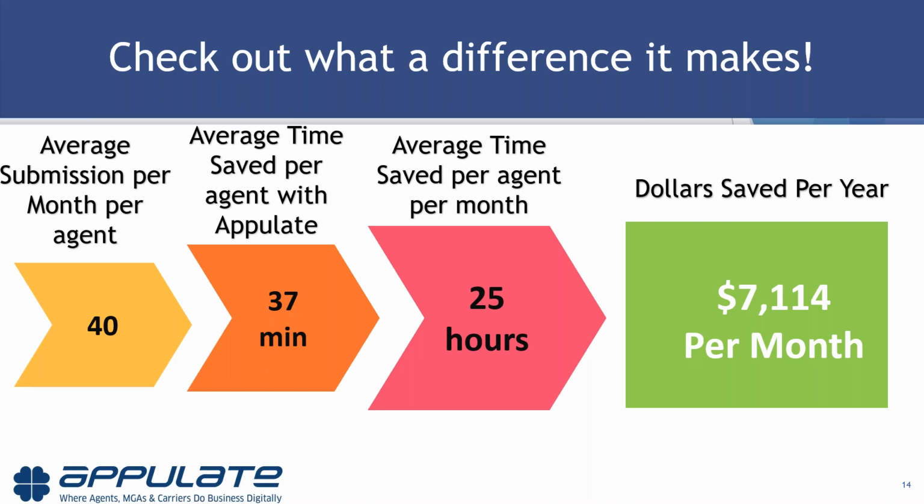It just really depends on how that agent is interacting with their market. But conservatively, the average there was about 37 minutes, which translates to about 25 hours per month total. And using the average wage of about $50,000 for a CSR and agent, it ends up being about $7,000 of time saved each month, because time is money. So that's how we calculated that.